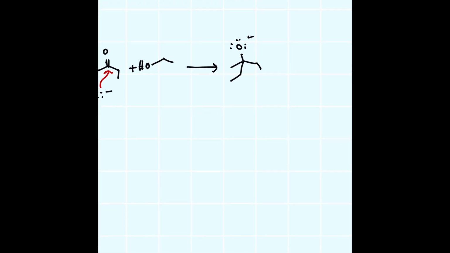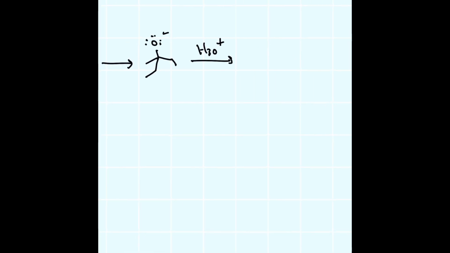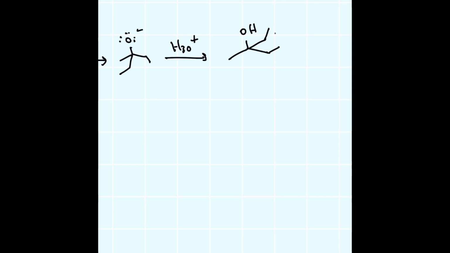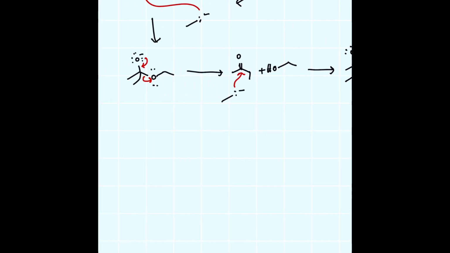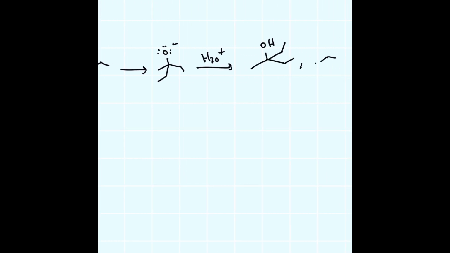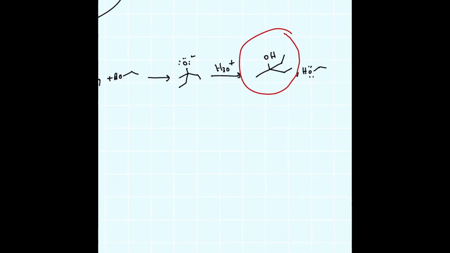But since we don't have any other leaving groups, it has to react with our acid now. So we're going to add acid to it. It's going to become OH. I'm going to write this ethyl here. So now we have this guy in our reaction mixture as our final product, and on the side, if you guys remember, we had our ethanol. But this would be your final answer.